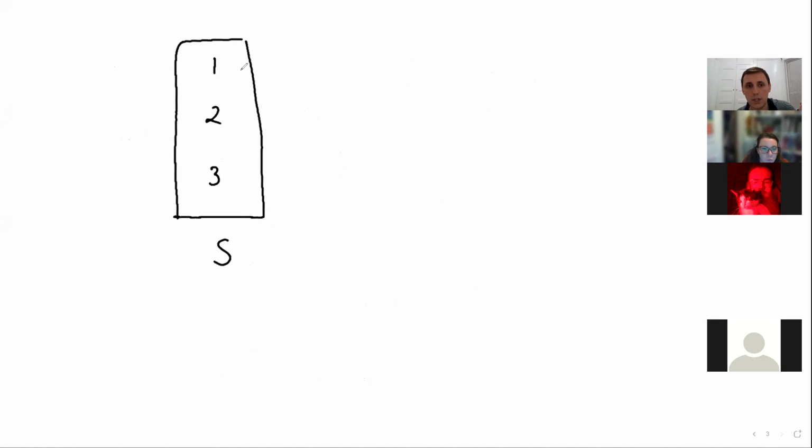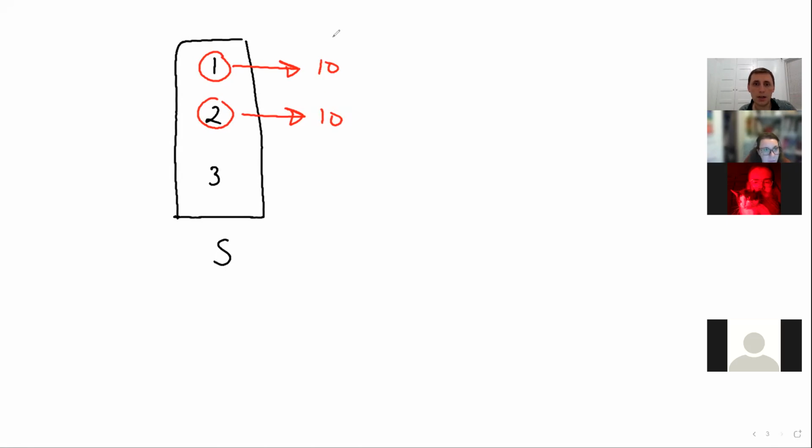Let's assume each of them has probability 1/3, yes? Now suppose that 1 and 2 are mapped to the value 10, each of them.